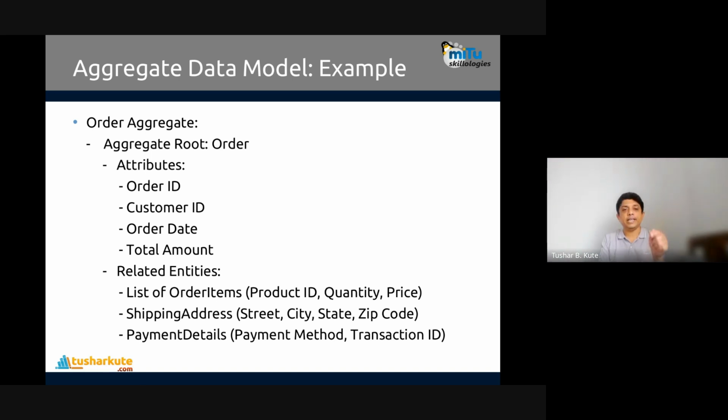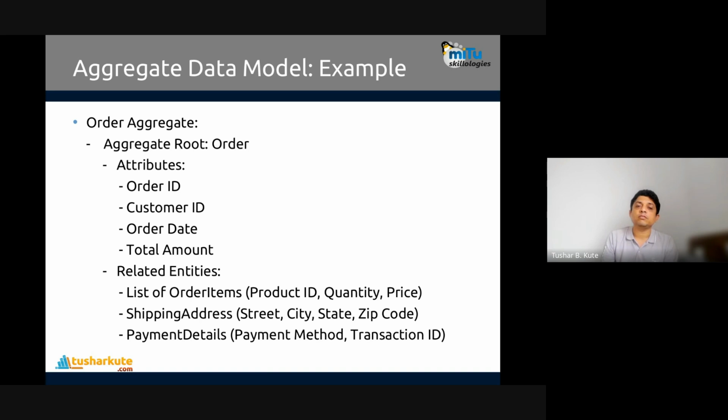Now in aggregate, our root will be order. For example, the order aggregate. Okay, I want to store information about the orders given by a consumer or customer to the company. So what will they contain? Your main root is order. Under it will have attributes. Which attributes?